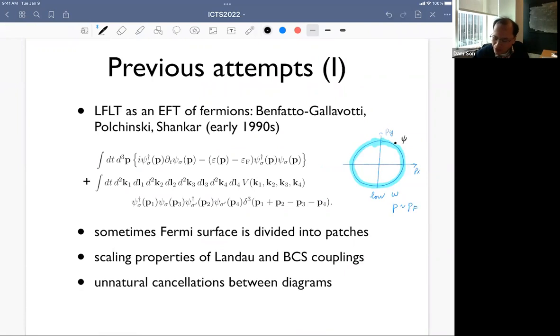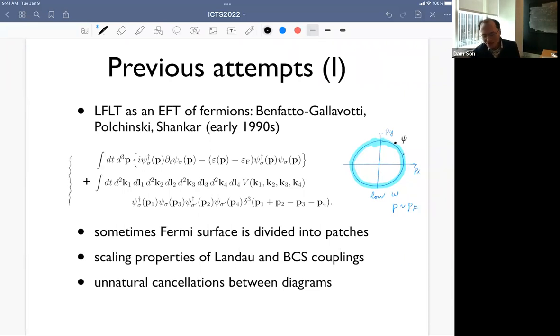The problem with this approach, first of all, is that the natural formulation would be in momentum space, not in coordinate space, because only in momentum space is it natural to say what is low energy and what is not. So Polchinski and Shankar always write the action in momentum space.